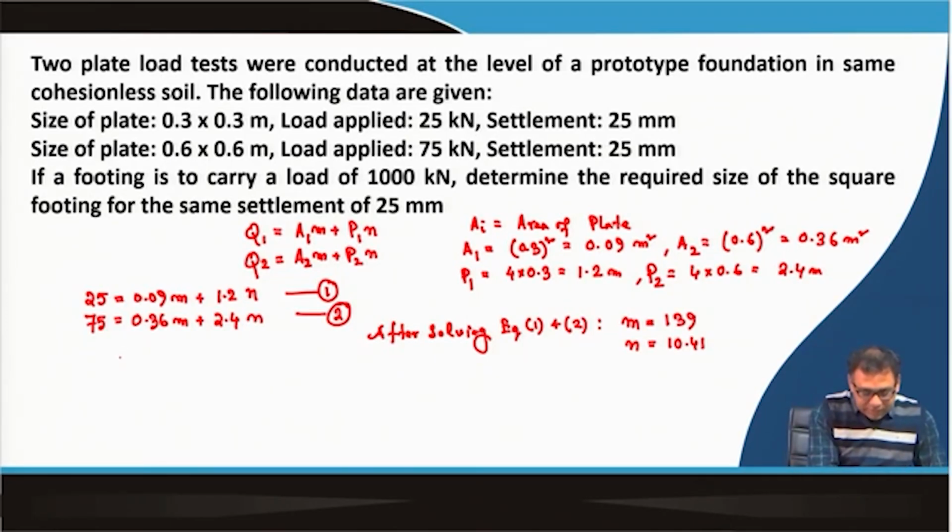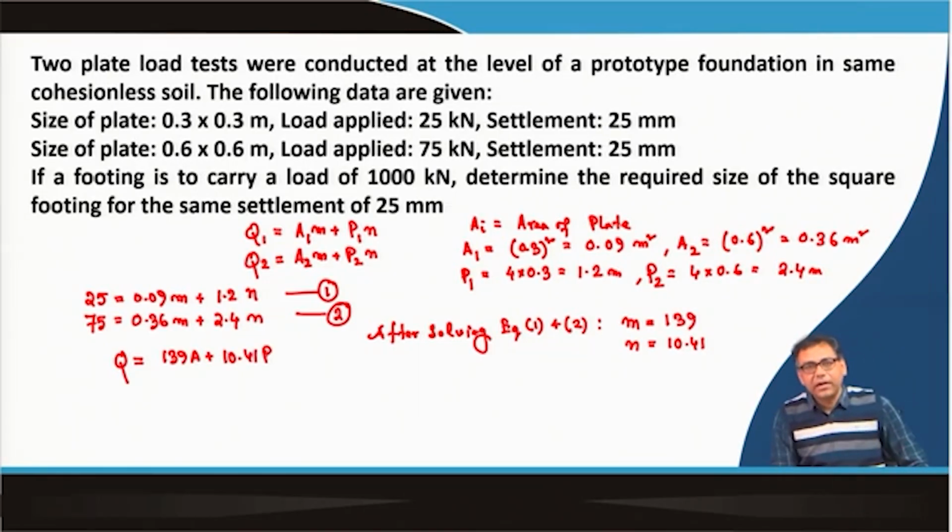So, the general equation will be q equal to 139 A plus 10.41 P. Okay. It is for a square plate. Now, this general equation we have to use for the square footing whose dimension we want to determine.